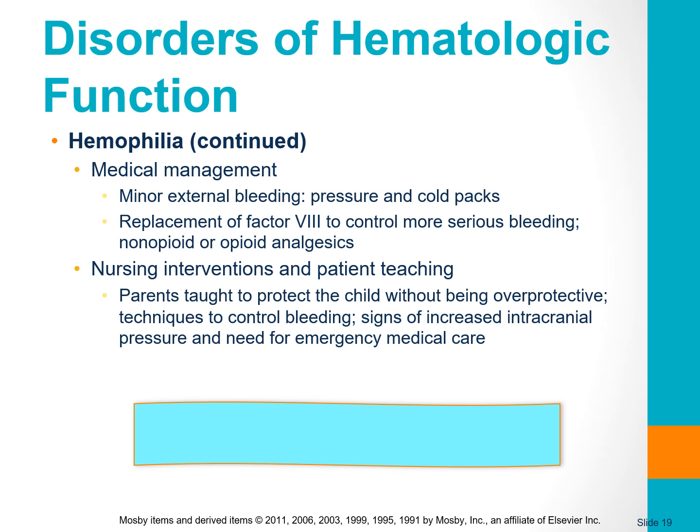Their body doesn't have the functionality to clot on its own. So small bleeds can be emergencies, and what is more obvious is external bleeds like a cut or a scrape or an injury. But if a child hits their head and they have a bleeding disorder, they can have intracranial bleeding, which would require emergent medical attention.